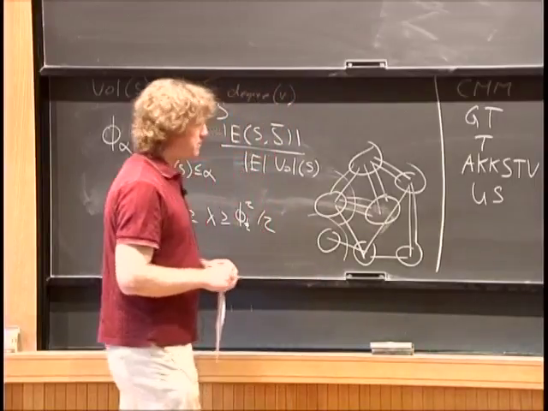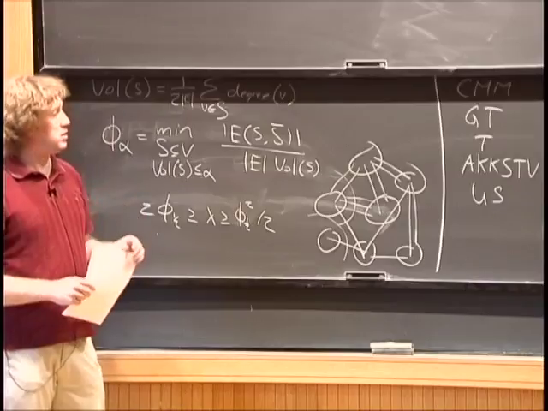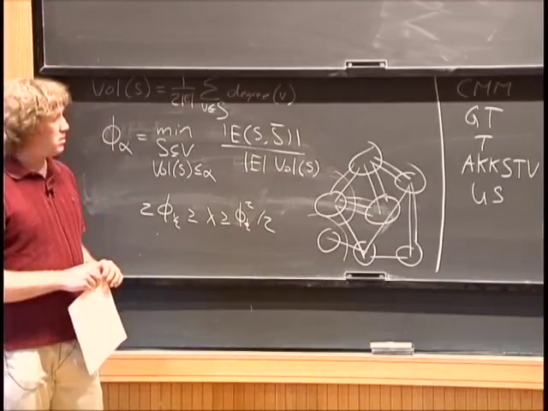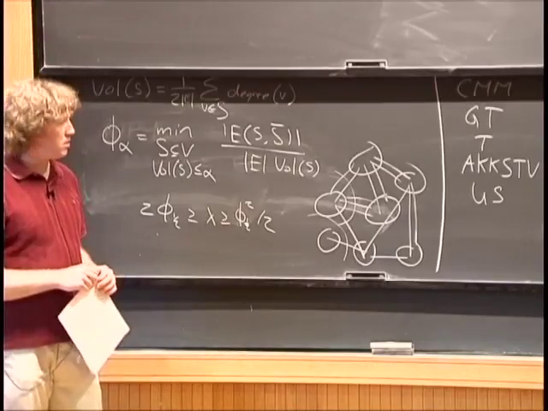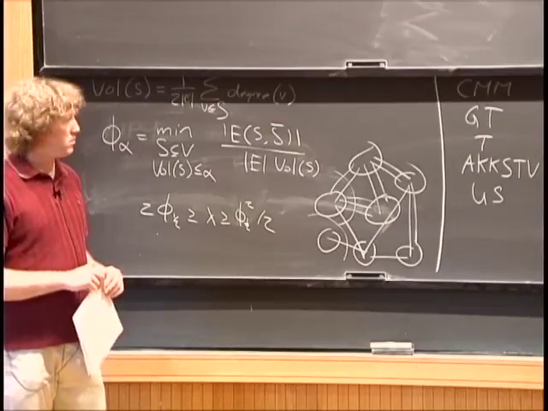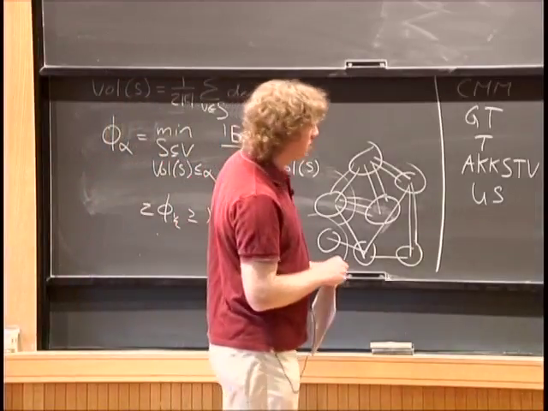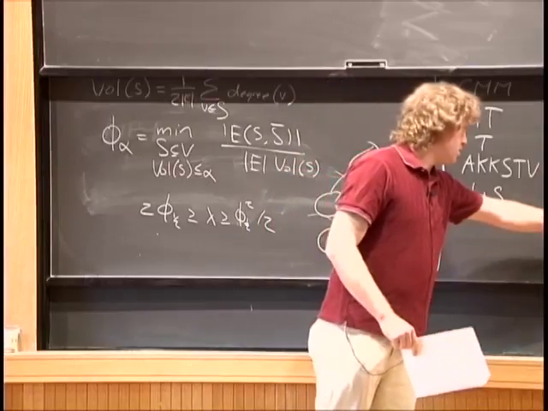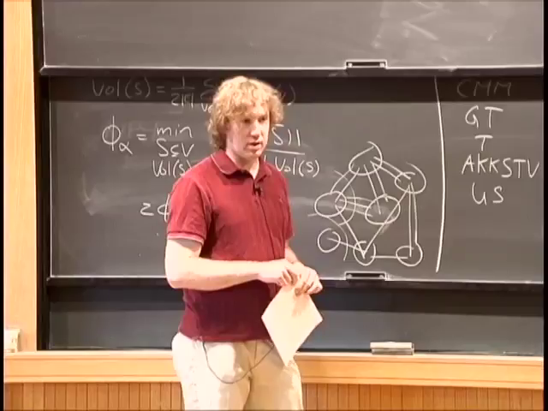So the basic thing is that you want alpha sufficiently small that phi alpha squared is something like epsilon.